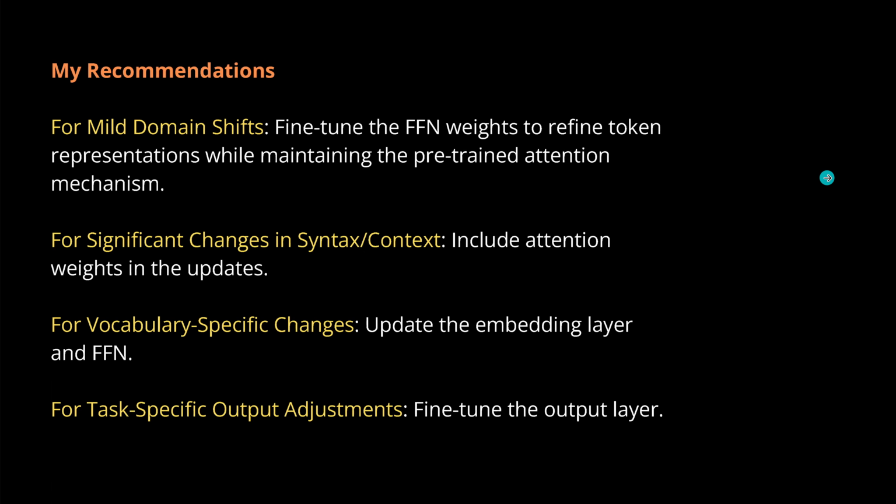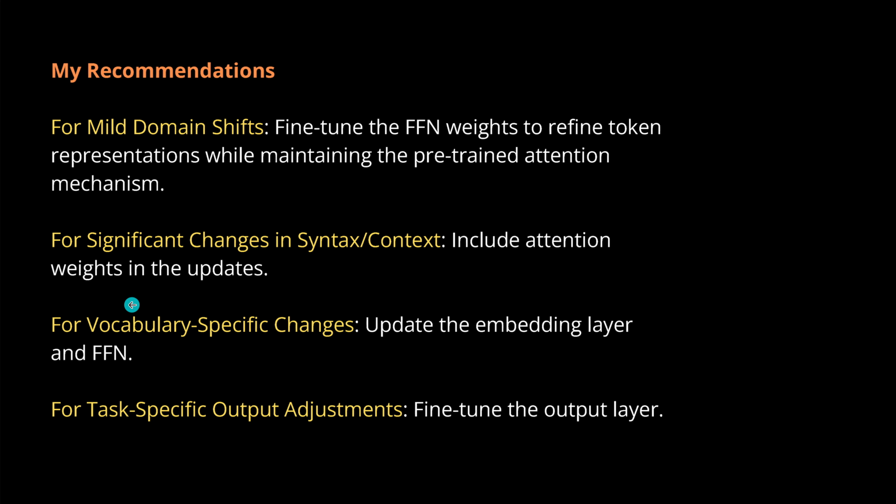So, therefore, if you want my recommendation now for the T3, if you have a mild domain shift, and whatever this means in your particular domain, I don't know what you are working with, fine-tuning the feed-forward network weights to refine the token representation while maintaining the pre-trained attention mechanism intact is maybe the way to go. If you have some significant changes in the syntax or in the context, definitely include the attention weights in the update procedure.